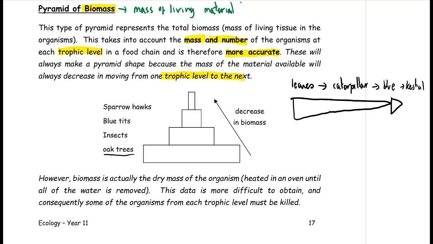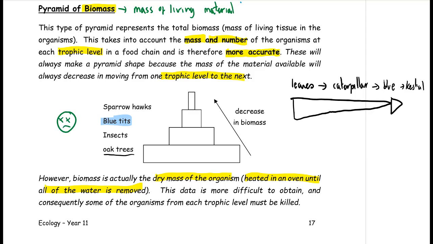Now, the problem with it is that biomass is actually the dry mass of an organism, so it's heated in an oven until all of the water is removed. Now, here's a question. How do you dry out a blue tit without killing it? So how do you remove all the water from a blue tit without killing it? Well, you can't.